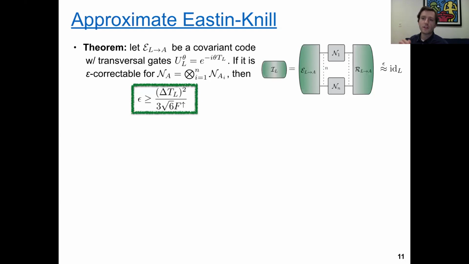It tells us that the variance of, say, time is lower bounded by 1 over the variance of the energy. So that's how it appears here.